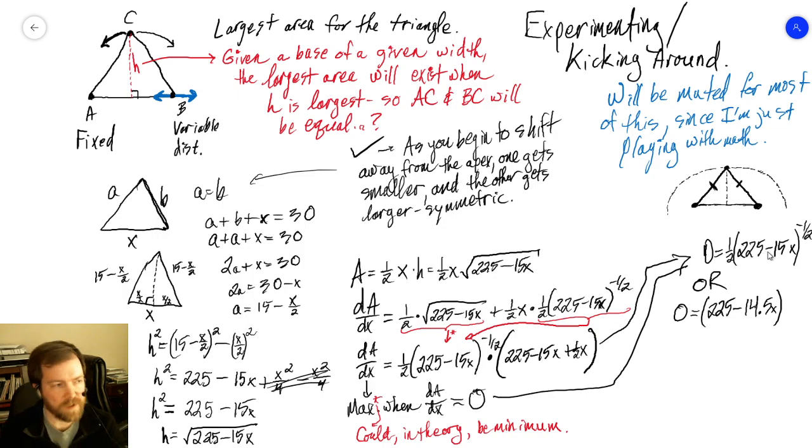This one is, because it's a negative exponent, going to be in the denominator. So this can't be 0. It's 1 over something set equal to 0. 1 over a set equal to 0, and then, like I said, you just can't get that.